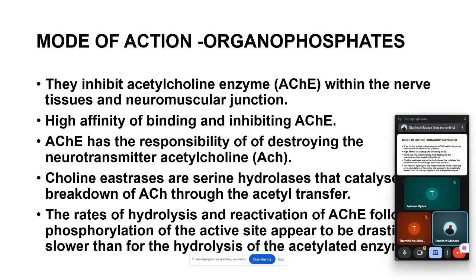But if its activity is interfered with by organophosphates, you now have excess acetylcholine. Once you have excess acetylcholine, there's continuous transmission of the signal, and this transmission of the signal will lead to the death of the insect.